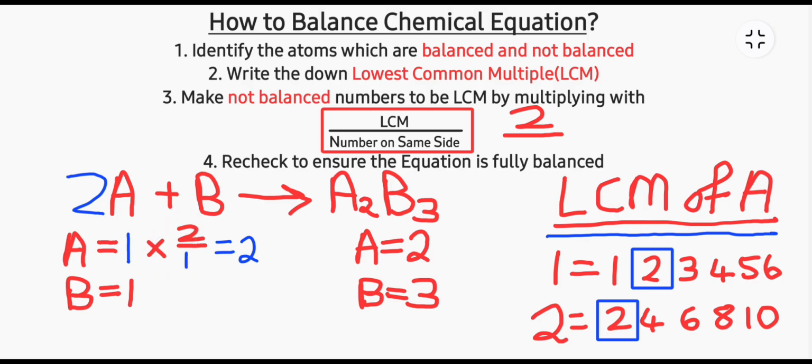Now please be careful, I did not take this 2. That 2 is multiplied by 2 over 1. So please take note of that. Now that you know how to balance A, I will quickly go and balance B.